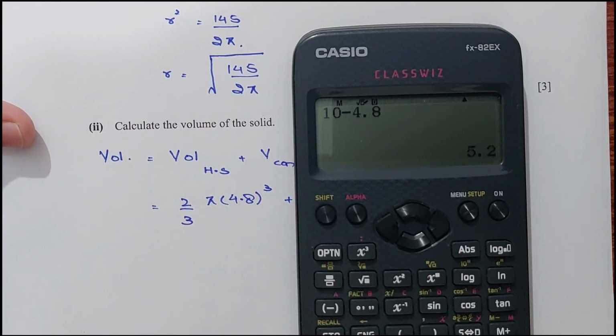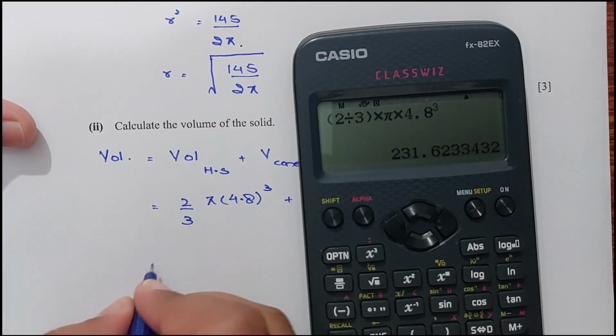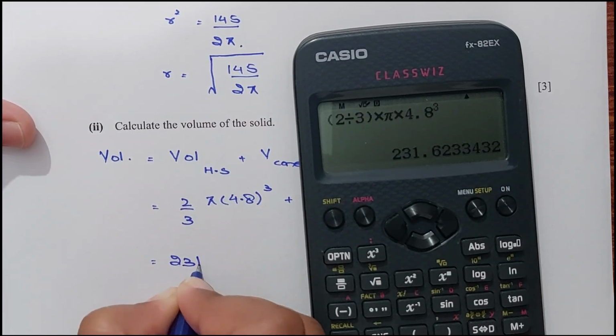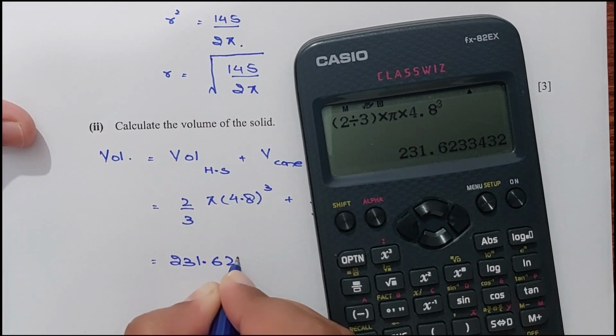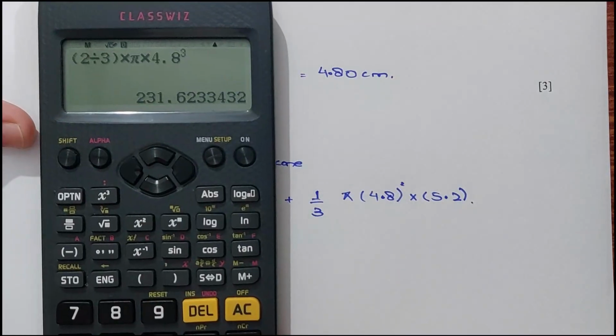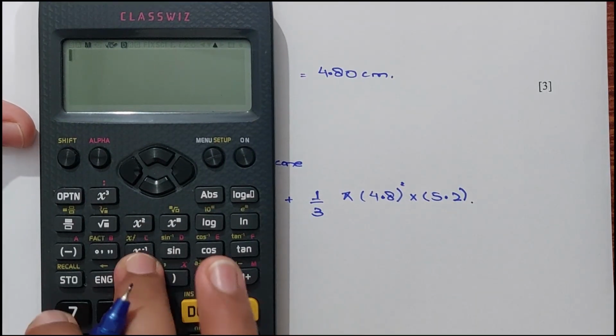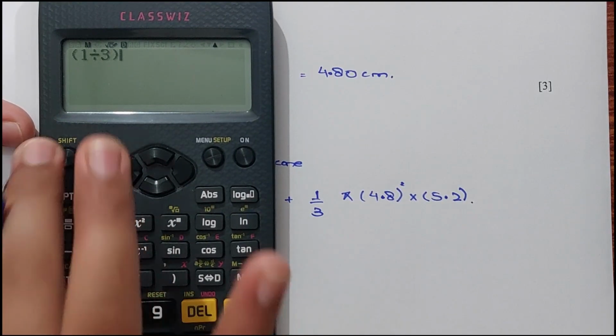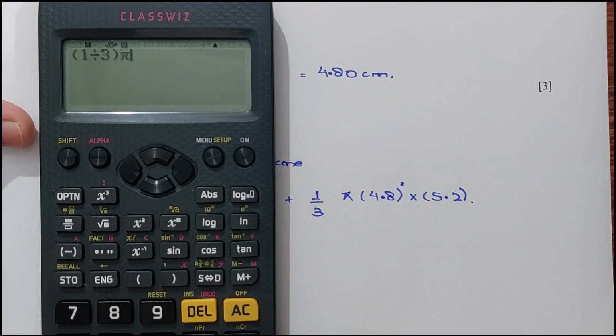Okay, so 2 by 3 times pi times 4.8 cubed. This is 231.623. Okay, and this is 1 by 3 times pi times 4.8 squared times 5.2.